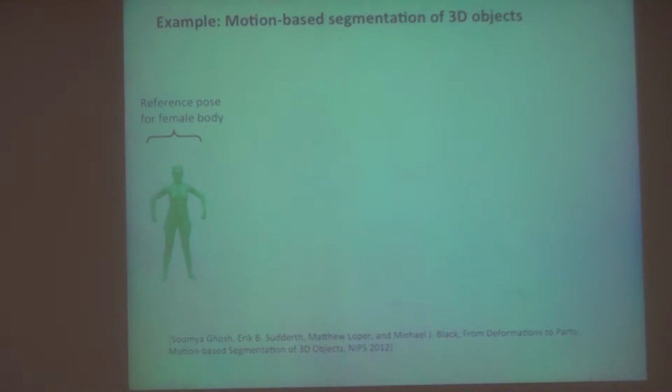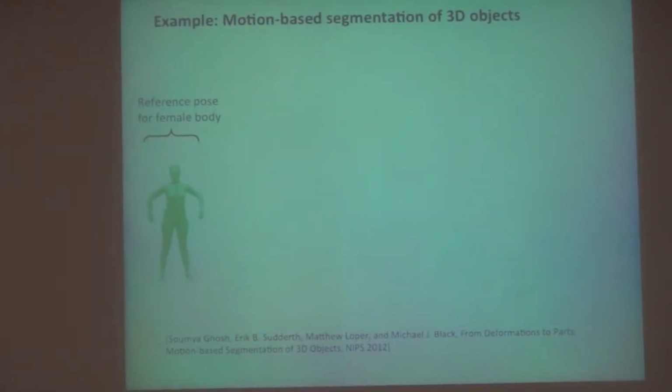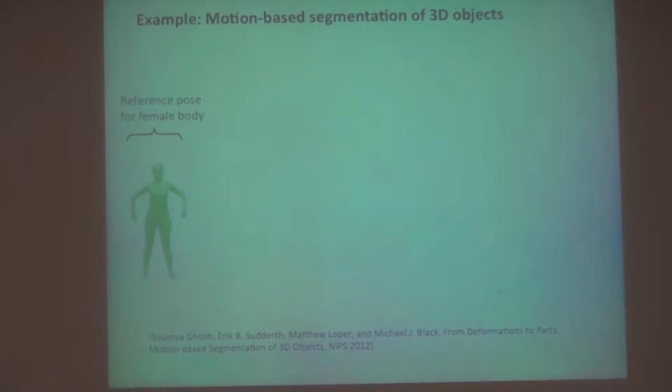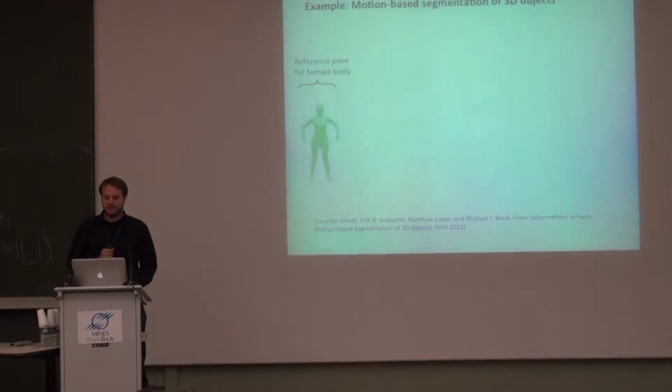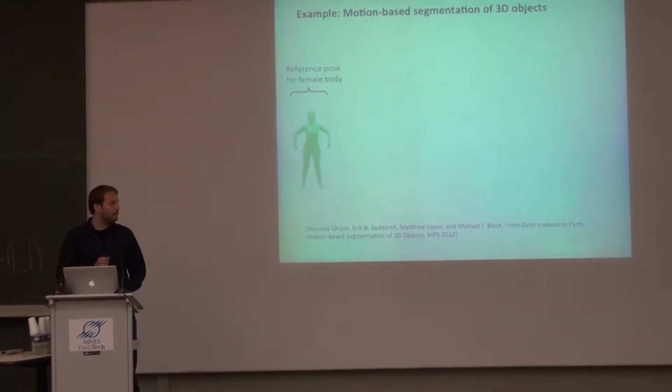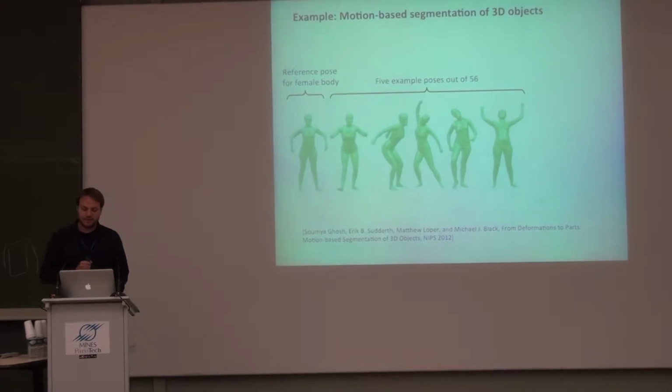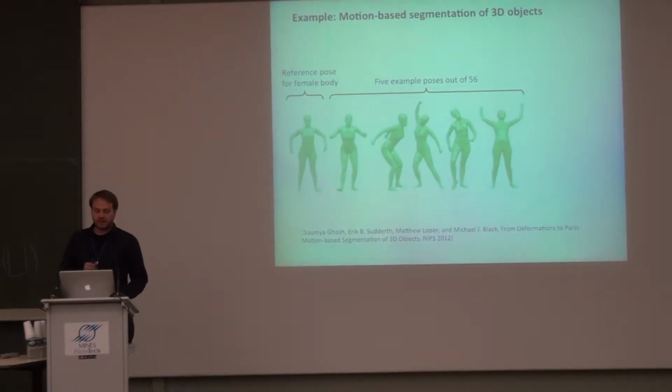And here's an example on the idea behind our approach, something that was published last year at NIPS. You see here a reference surface model of a female body. And the authors of that paper acquired 56 different poses of the same person. And the task was to segment this surface into different subparts, so that are consistently moving according to some rigid motion.